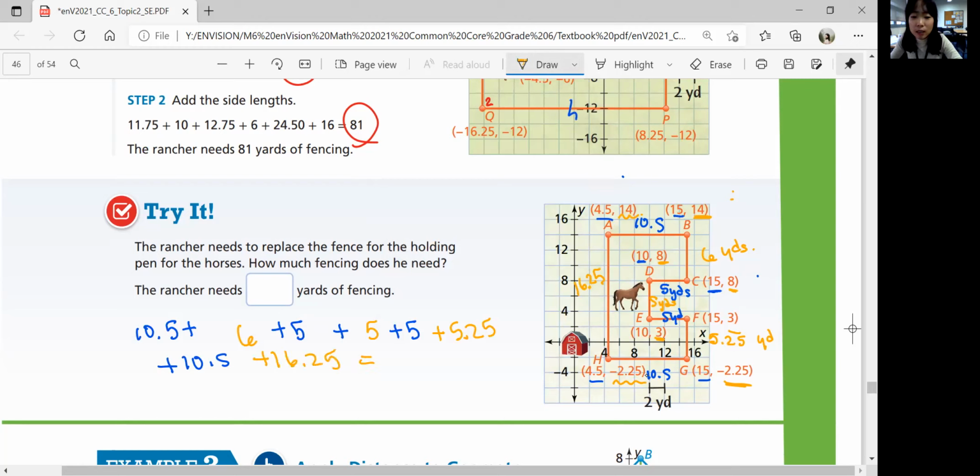What is that equal to? 63.5 yards of fencing. So let's plug that answer in there, 63.5 yards.